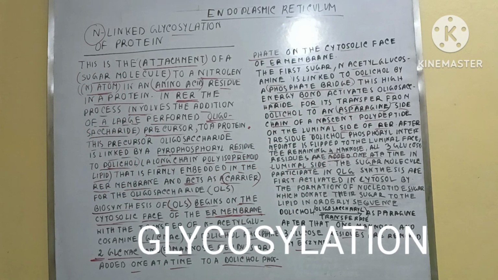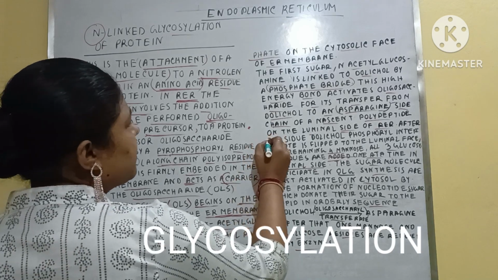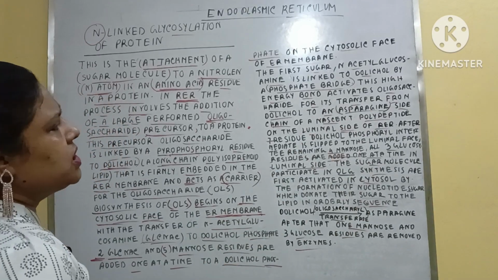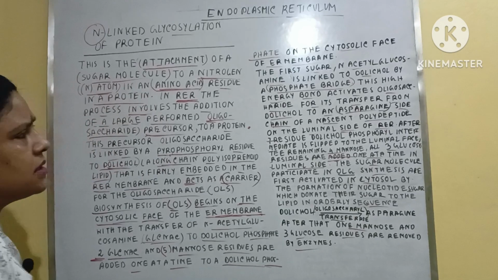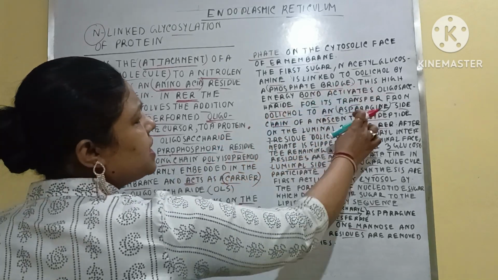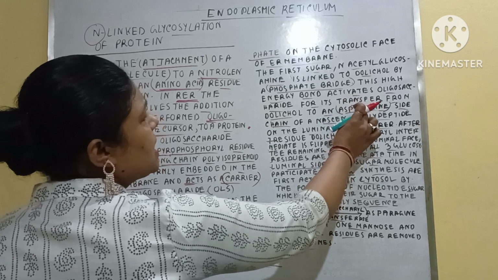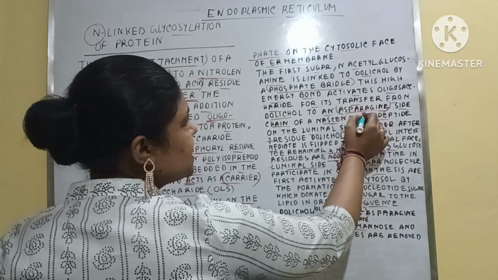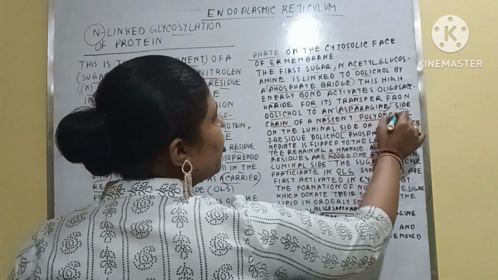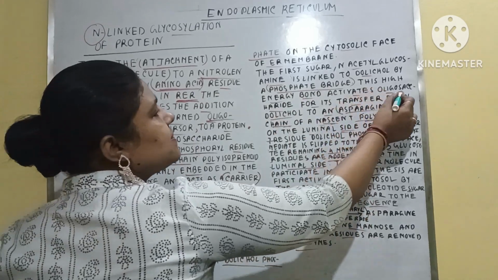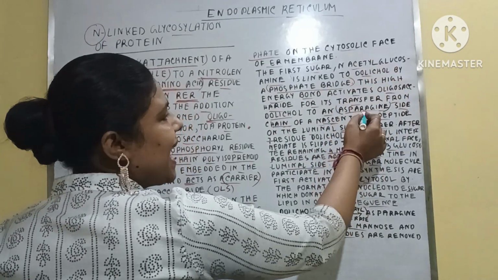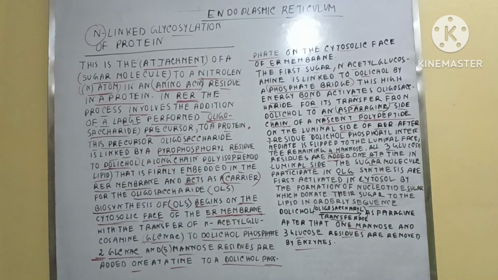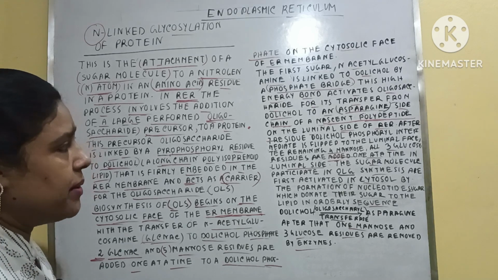Next, the seven residue dolichol phosphoryl intermediate is flipped to the luminal phase. This transfer is possible to this asparagine, which is the side chain of the nascent polypeptide. So the transfer of oligosaccharide from the dolichol goes to the asparagine, part of the side chain of the nascent polypeptide chain.